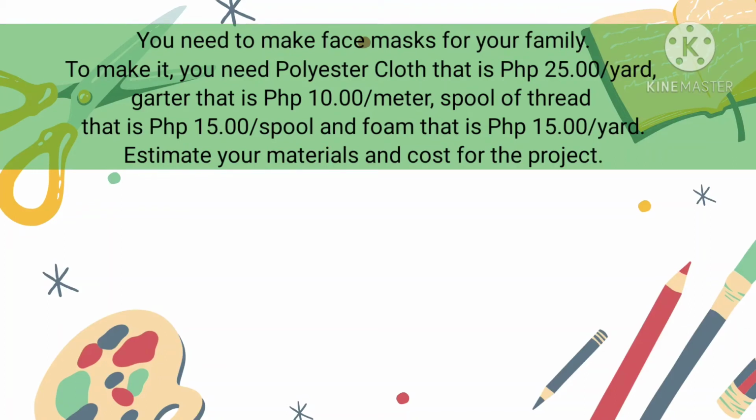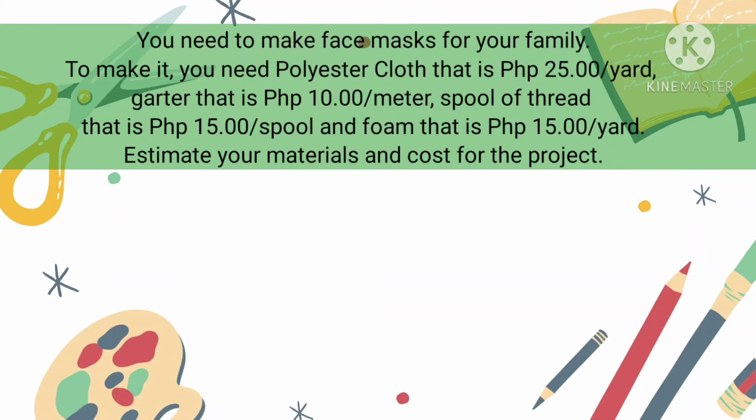To make it, you need polyester cloth that is 25 pesos per yard, garter that is 10 pesos per meter, spool of thread that is 15 pesos per spool, and foam that is 15 pesos per yard. Estimate your materials and cost for the project.